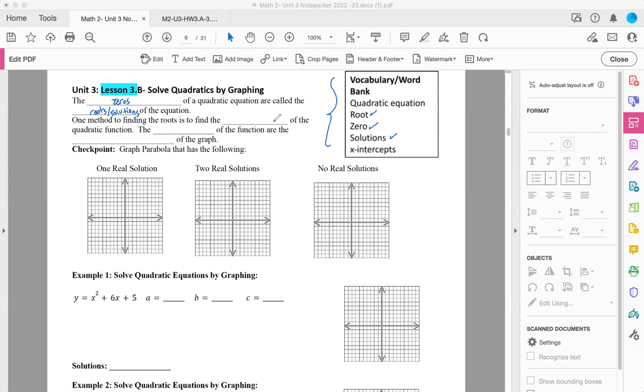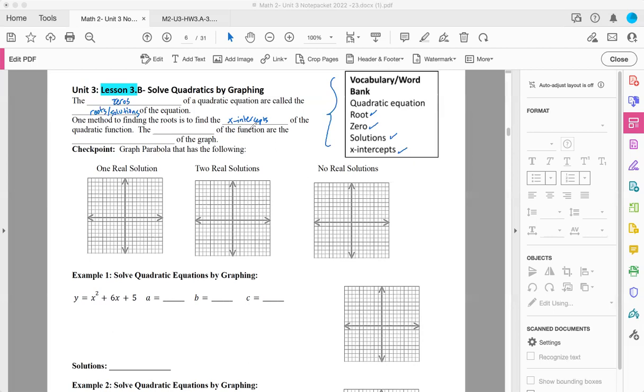Then it says one method to finding the roots is to find the blank of the quadratic function. So it's to find what? The x-intercepts, which are also the same thing, of the quadratic function. The blank of the function are the blank of the graph.